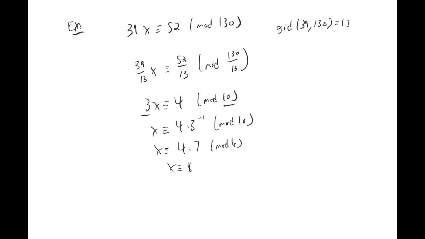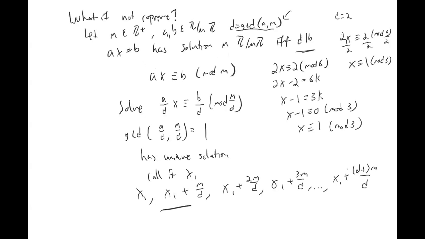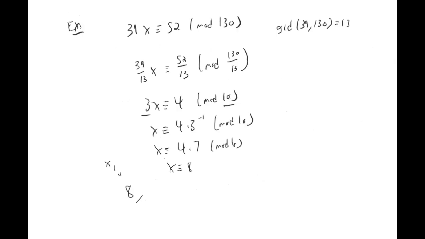And then that theorem tells you the 8 is the x1, right? And then what else? x1 plus m over d, 2m over d, 3m over d. What's m over d? This was my m, this is my d. So m over d is 10. So 8 plus 10, 8 plus 20, 8 plus 30.